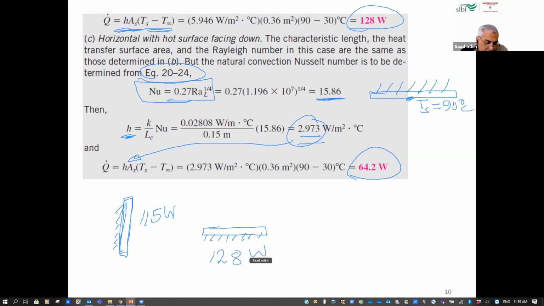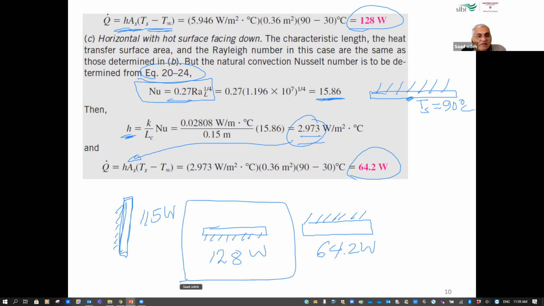And the horizontal one, but facing downward, the heat transfer is 64. So the best design we can use is this one, horizontal but facing up. It will give us more Q dot. Okay, that's the design that we need to select.